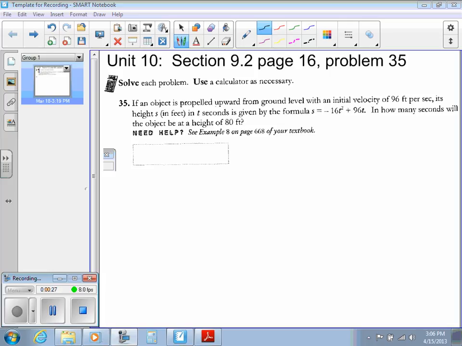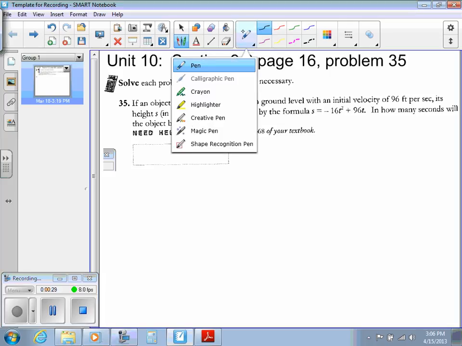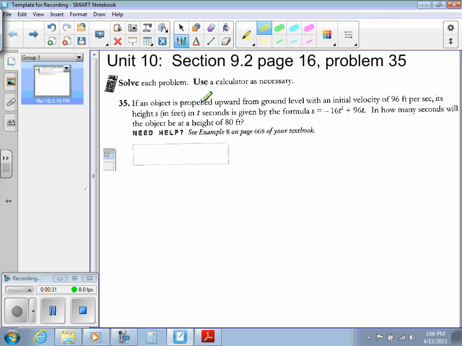Okay, let's take a look at what we have here. First of all, they gave us a formula right here. Let me go ahead and copy this formula over.